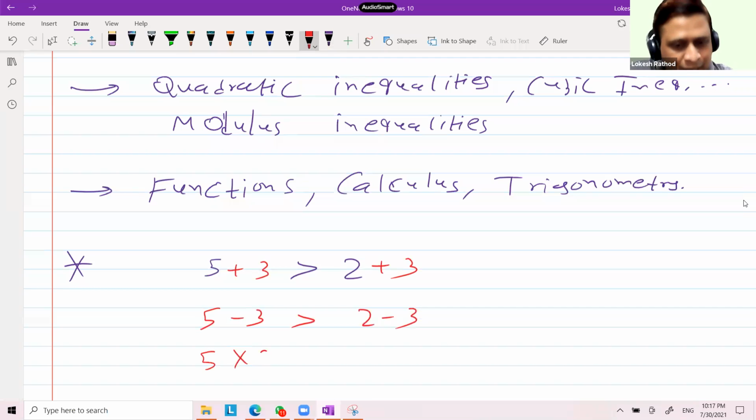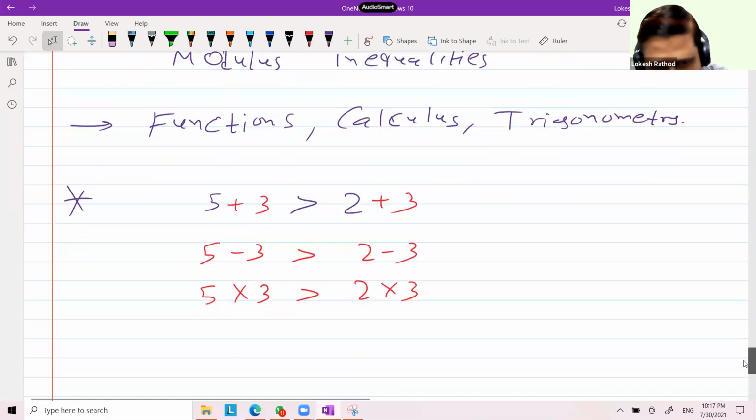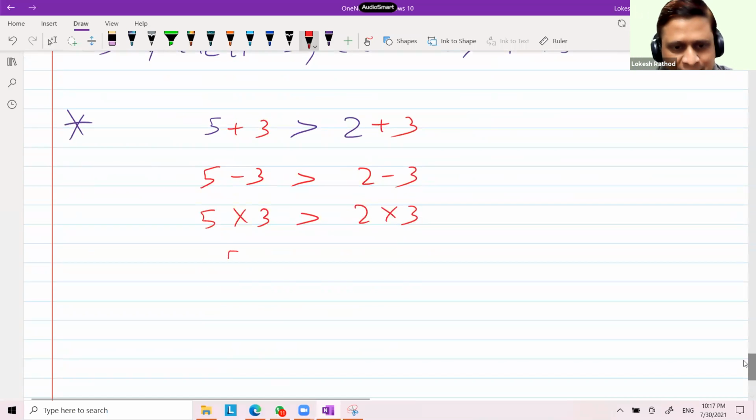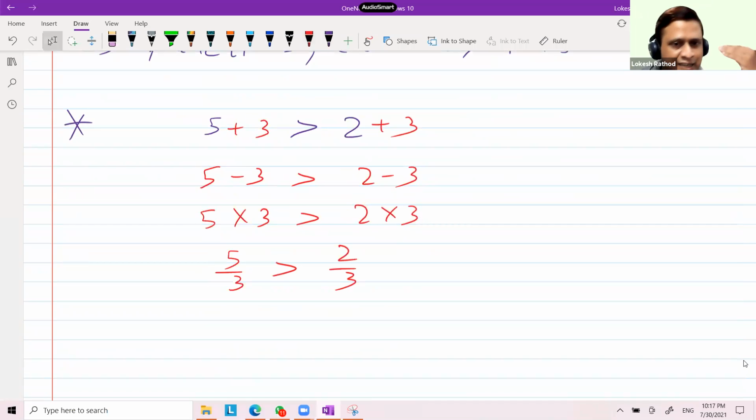If I multiply by 3 both sides, my inequality remains the same. And if I divide by 3 both sides, then also my inequality remains the same. Are you getting it? So adding or subtracting any number, the inequality sign does not change. Multiplying or dividing by any positive number, the sign of inequality does not change.